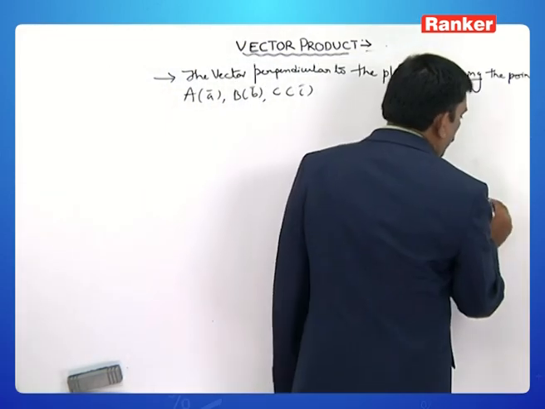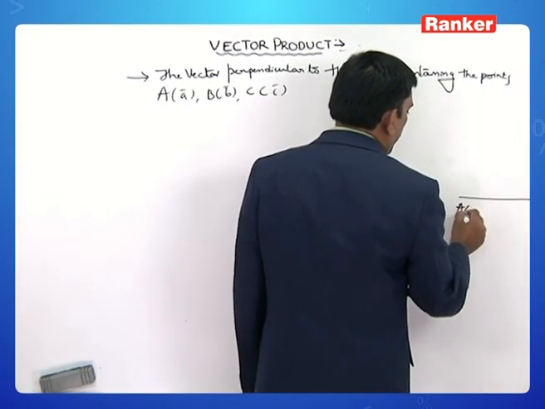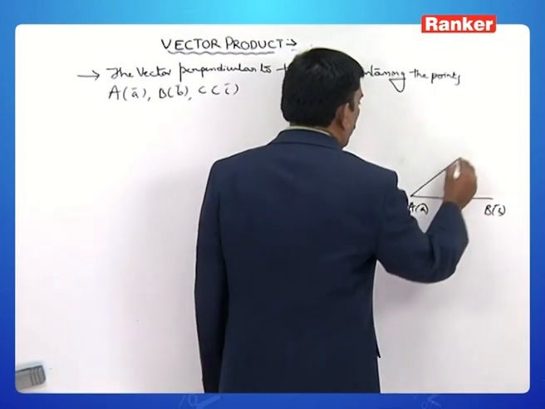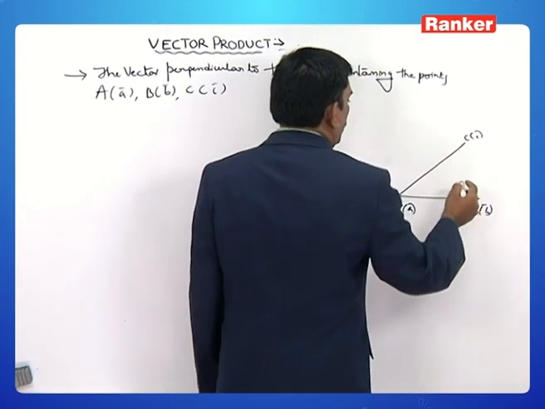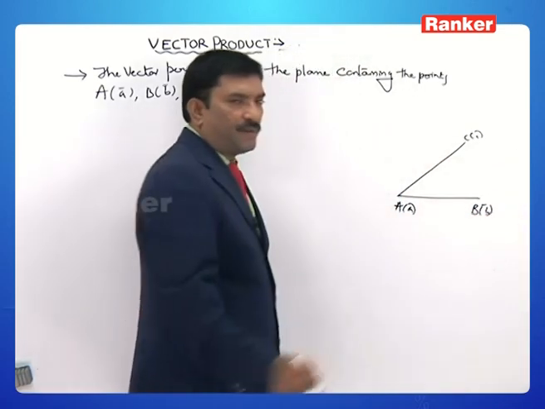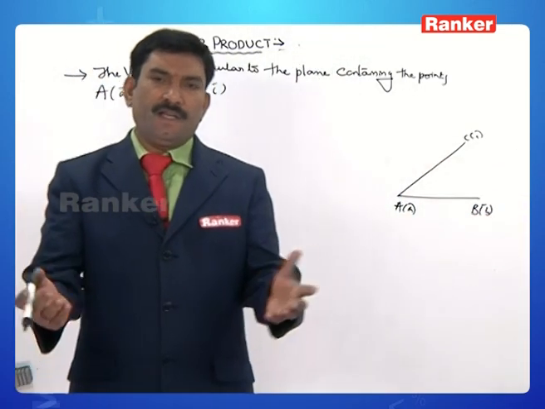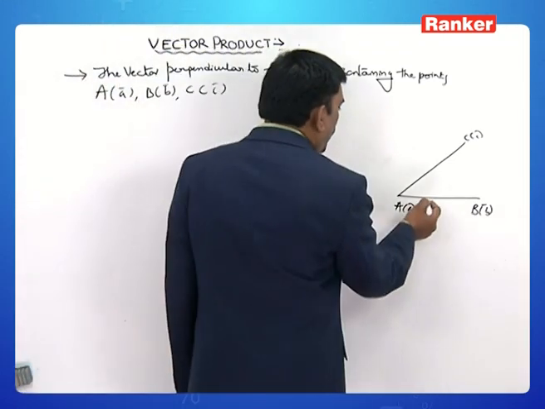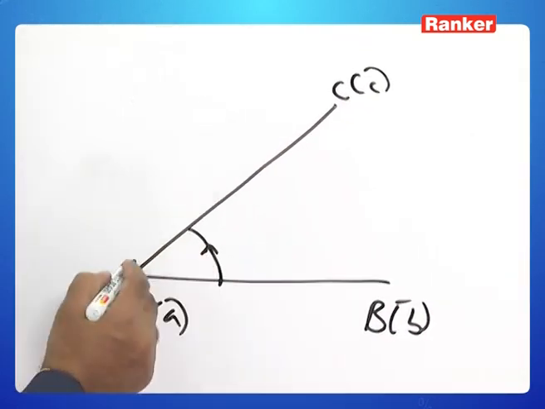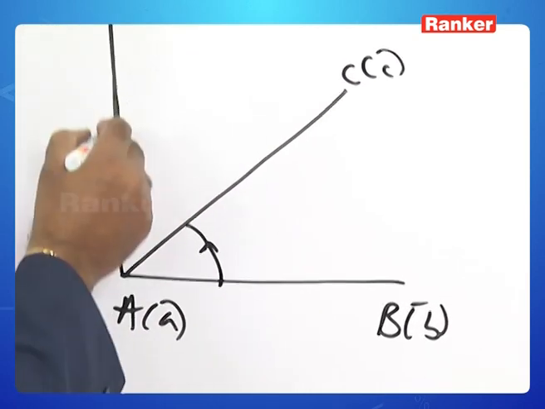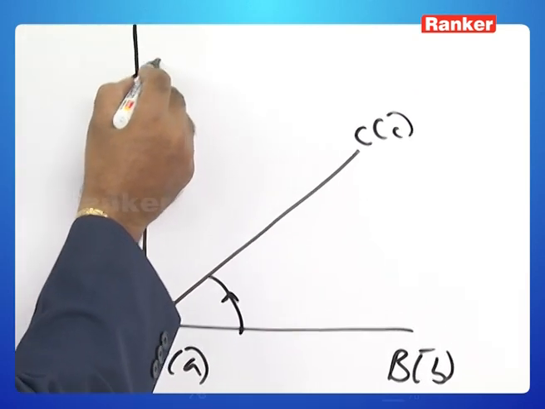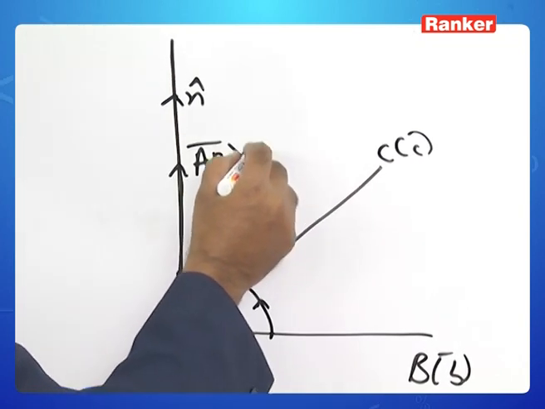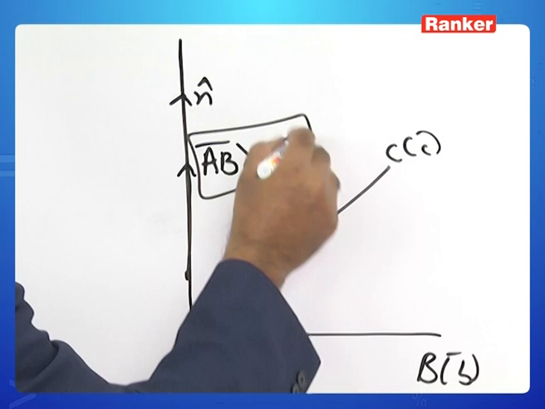If I take these points and join them, they become a triangle. Every triangle is a plane. So you define a vector product in the anti-clockwise direction. This is nothing but n cap, which is defined to be AB bar cross AC bar.